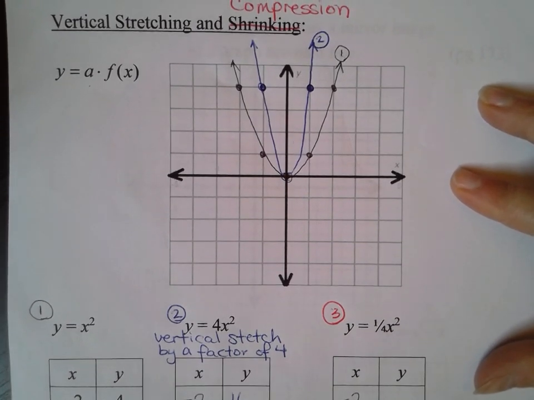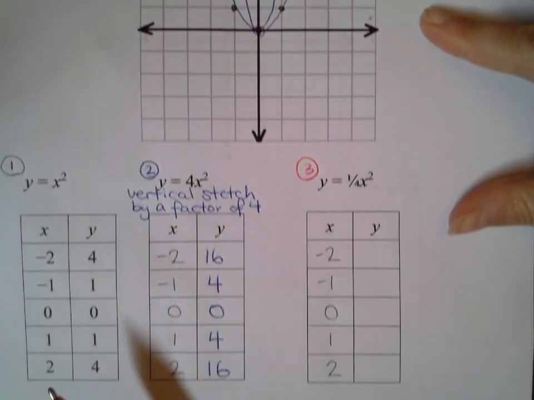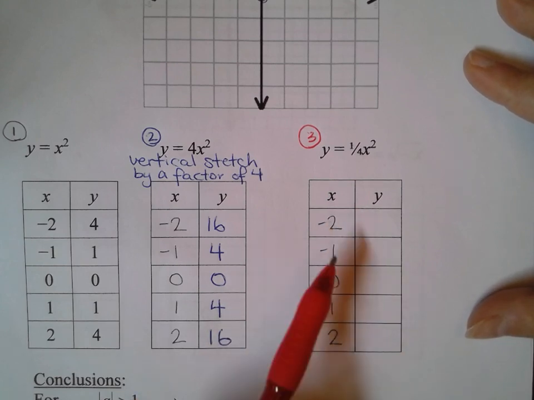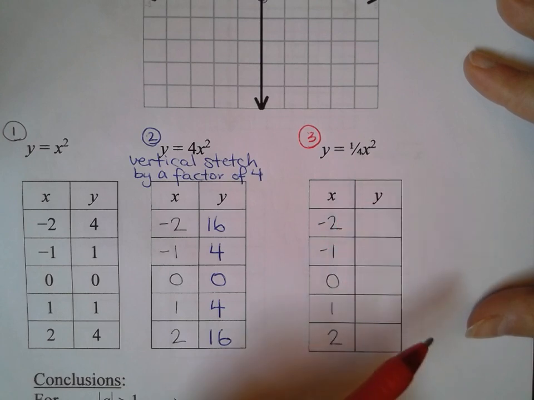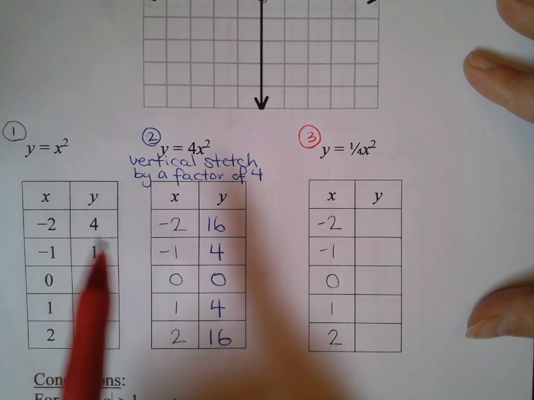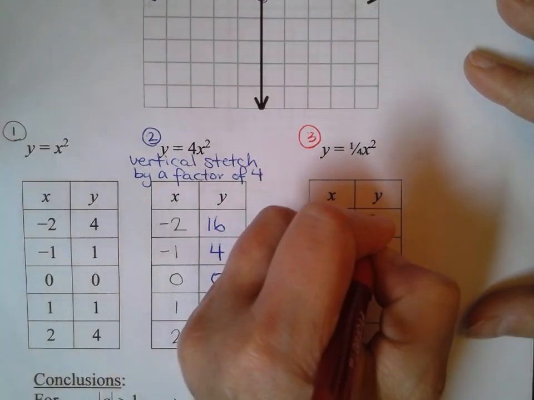So what happens if we put in a 1/4 multiplied by x squared? Same reason, same x's. Okay, we're going to square them and then multiply by a 4th. So if I square it, I would usually get a 4, but then I multiply that by 1/4 and I get 1.